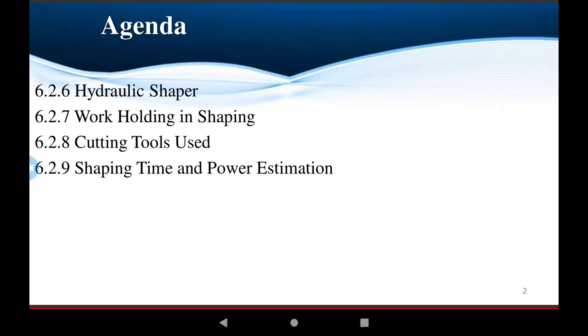Then, shaping time and power estimation. These are used for the power of shaper and planer machines, the reciprocating motions, and the power consumption in the machines.